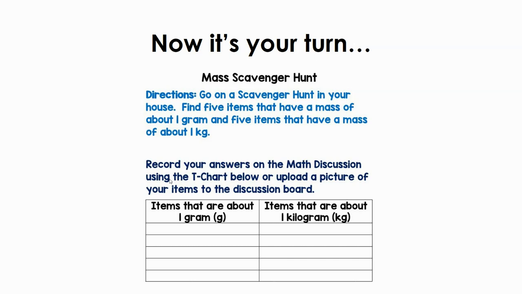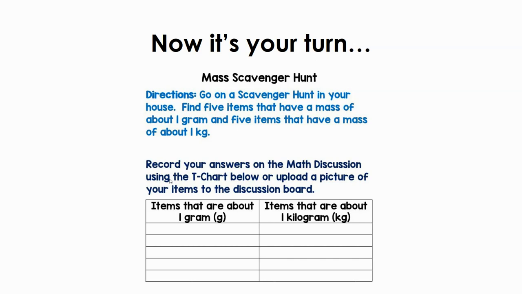And what I want you to do is find 5 items that have a mass of about 1 gram. What does 1 gram feel like? You're right, like a small paper clip. And then find 5 items that have a mass of about 1 kilogram. What is 1 kilogram? How heavy is it? We said like a dictionary or a baseball bat or like a bag of rice.